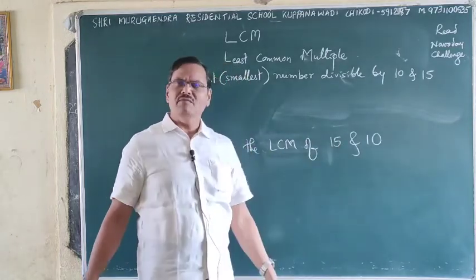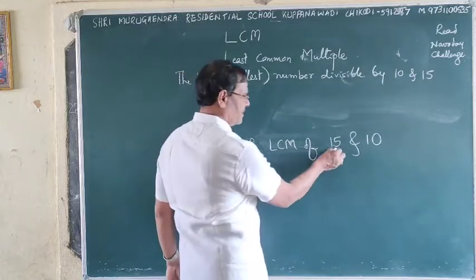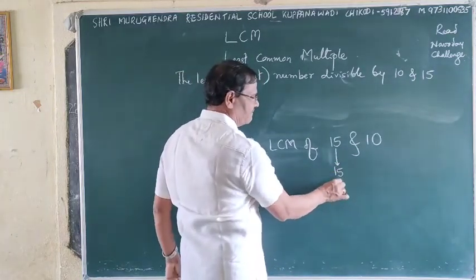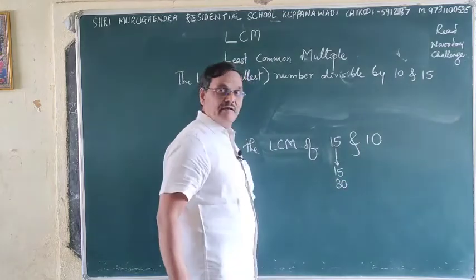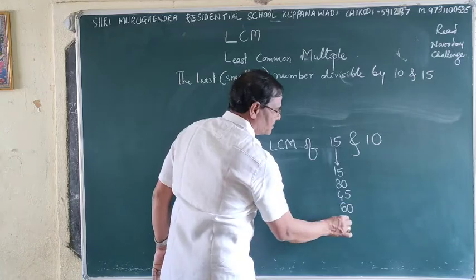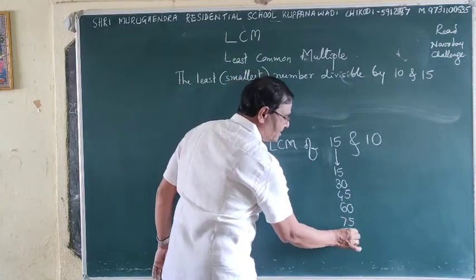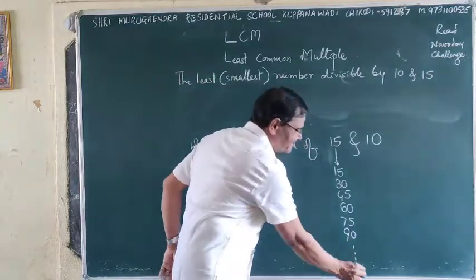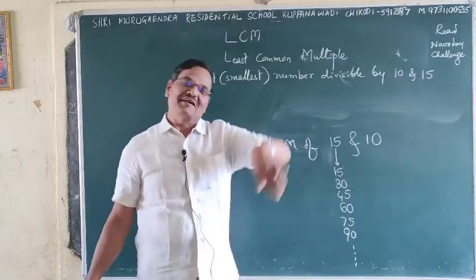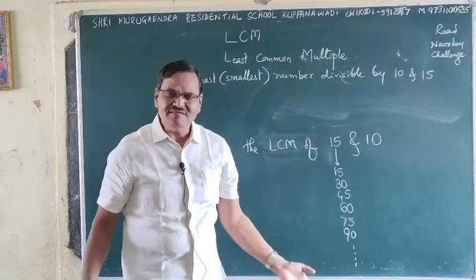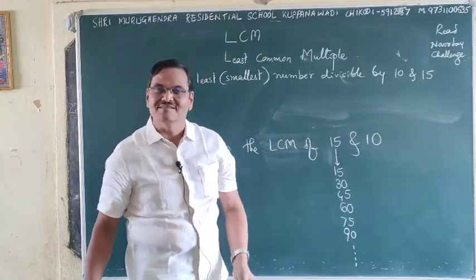See, the 15 table you have to write. 15 ones are 15, 15 twos are 30, 15 threes are 45, 15 fours are 60, 75, 90, and so on, because it is endless. You can write n number of multiples, whereas ours is finding the least number, that's all.